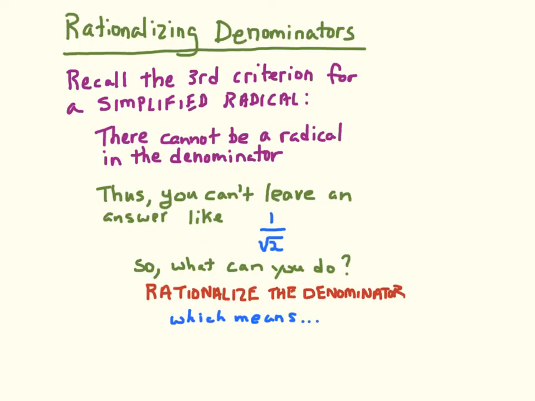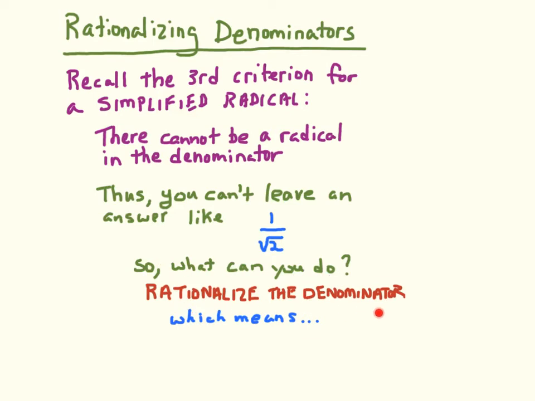Okay, we're going to next talk about what's called rationalizing denominators, and I would like you to recall that the third criterion for a simplified radical is there cannot be a radical in the denominator. Thus, you can't leave an answer like 1 over root 2 because of this radical in the denominator. So what can we do?